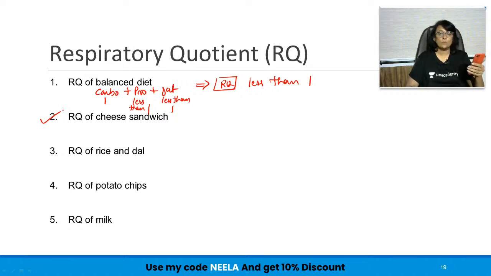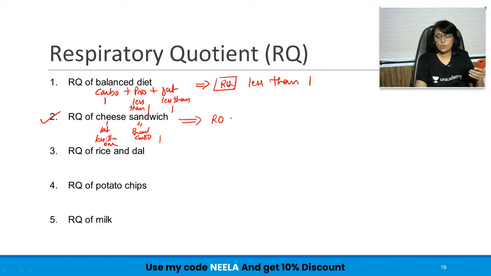Ayush says less than 1. Why do you think, Ayush, it is less than 1? Because cheese is fat, and in sandwich there is bread, which is carbohydrate. So this is less than 1, and this is 1. So your answer is correct.